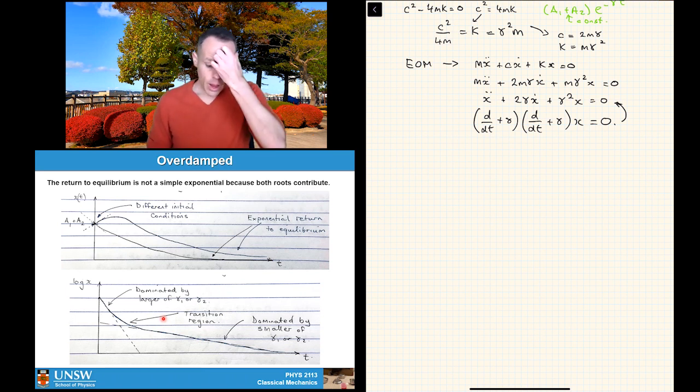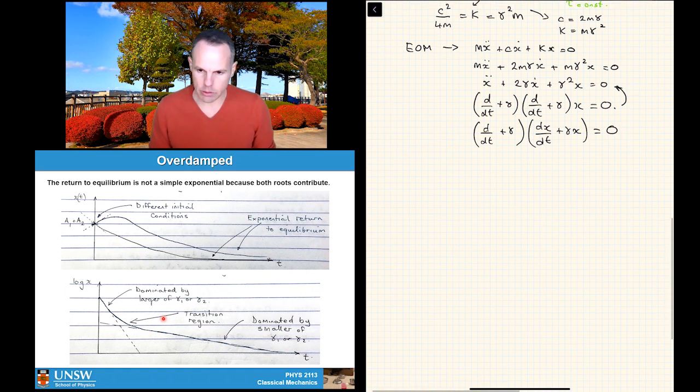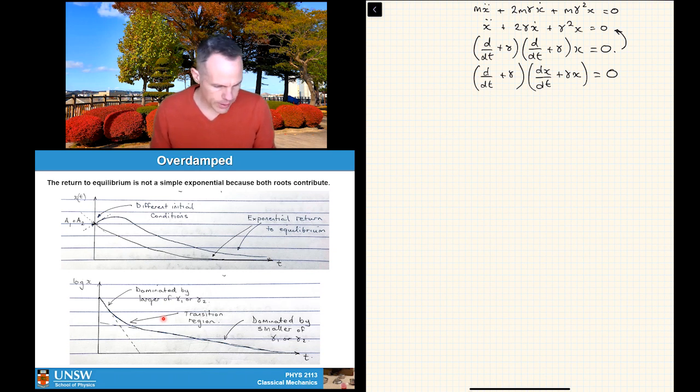It's just a matter of working through the derivative and then multiplying it out, and you should get exactly that term back again. Now, what we can do is bring this x into one of the two terms in here, okay? So we would write this as d on dt plus gamma, dx on dt plus gamma x. And it doesn't matter which one we do, they're interchangeable, so it's really the same thing, either way of writing it.